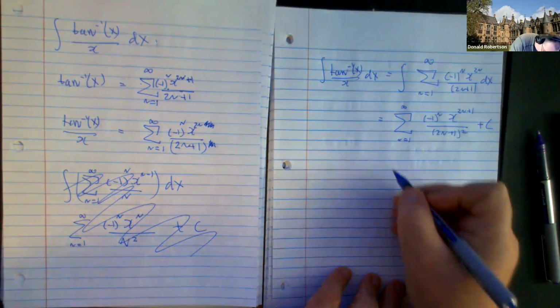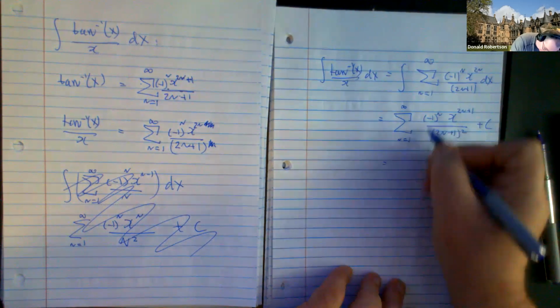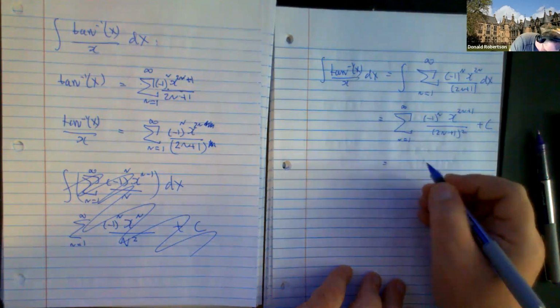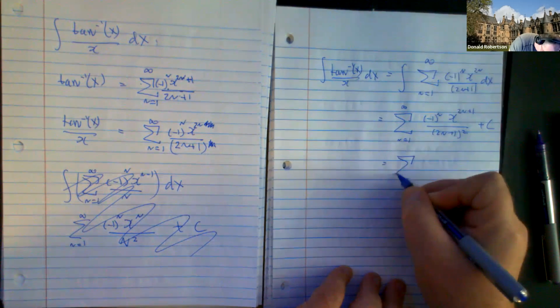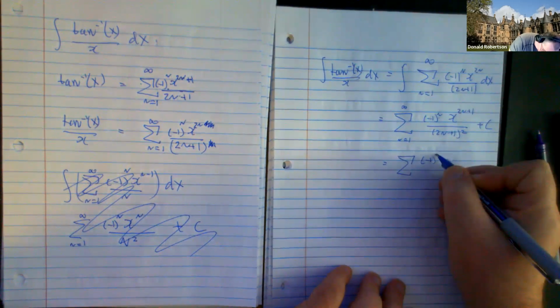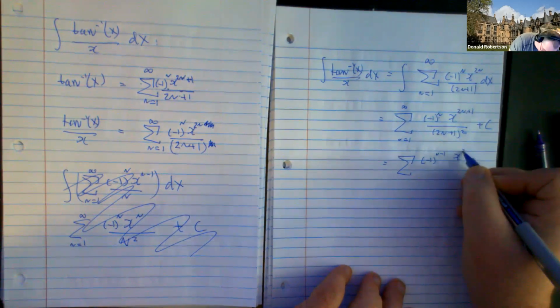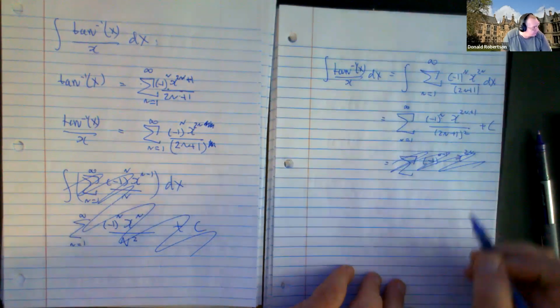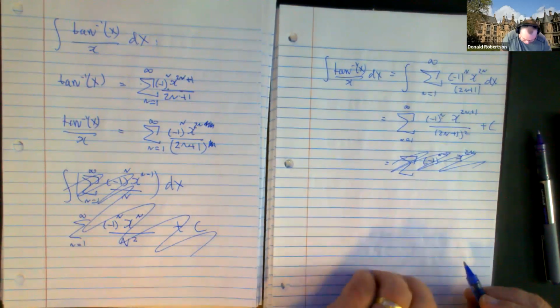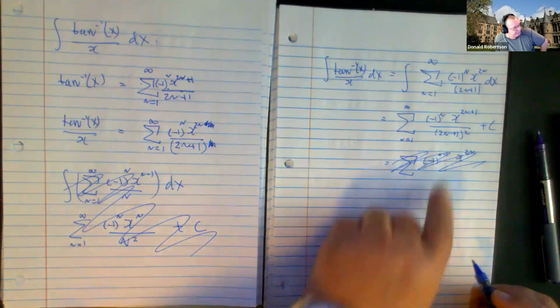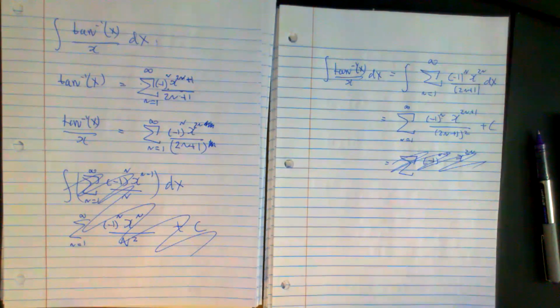I'm going to remove 1 from everything that says n. So if you remove 1, you get that. Actually, why am I bothering to do that? Why don't I just leave it like that and call it good? Wait, should I not leave it as 2n plus 1?